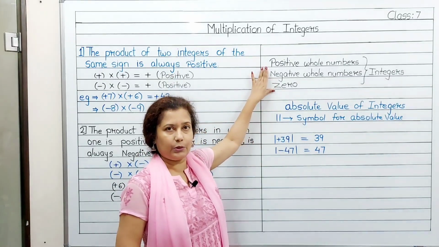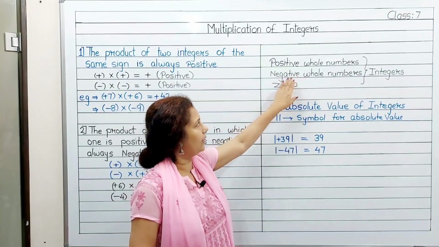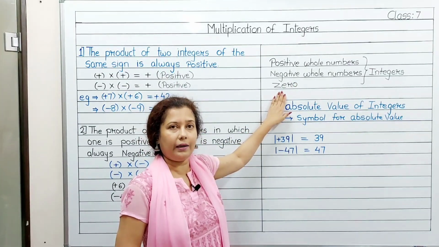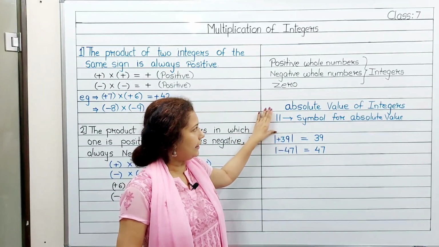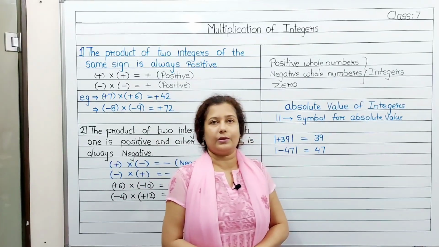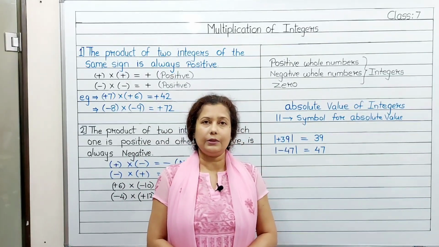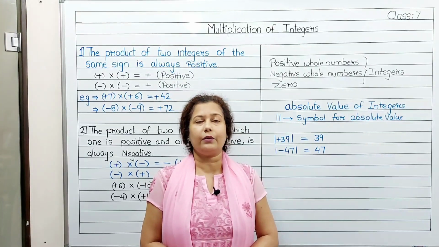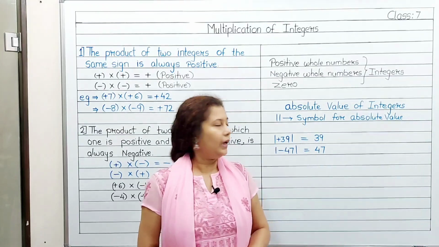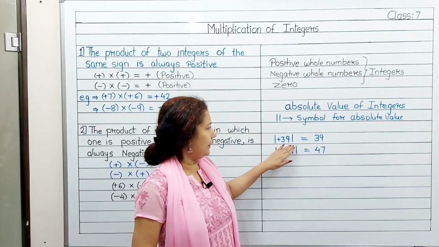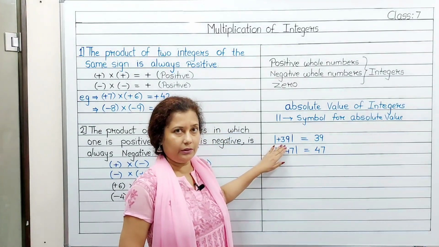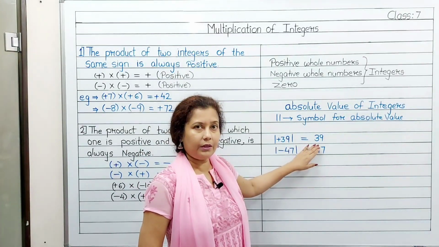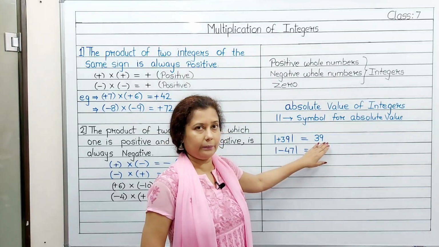First, what are integers? All positive whole numbers, all negative whole numbers and 0 are integers. Second, absolute value of integer. An absolute value of an integer is the numerical value of that number irrespective of the sign. Here it is plus 39, that means it is a positive integer. The absolute value of this plus 39 or positive integer is 39.